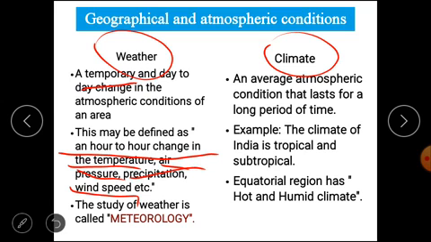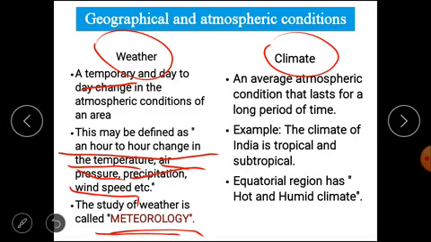Now, just as the study of the past is called history, similarly, we have a separate study for weather, which is called meteorology. So the study of weather is called meteorology.